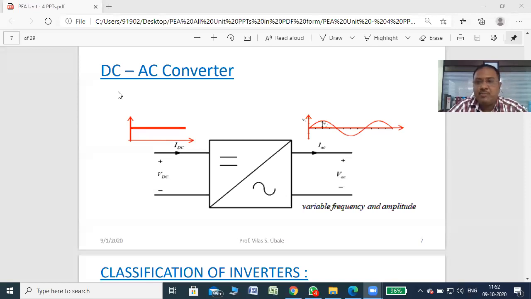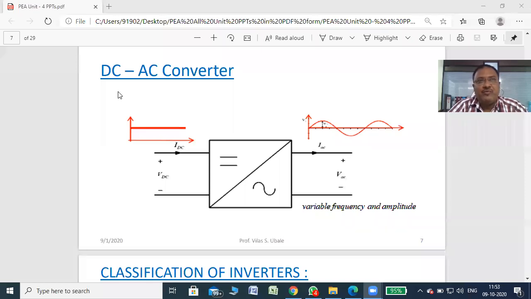Every time, using a battery as an input source to the inverter is not feasible, not even economical. So we convert the supply voltage AC into DC with the help of a converter, which we already learned in unit number 3, right? AC to DC converters, single phase or three phase, we already learned in unit number 3.